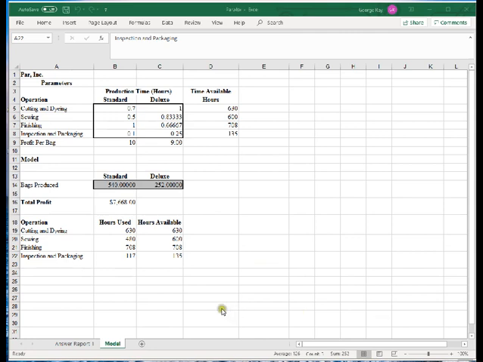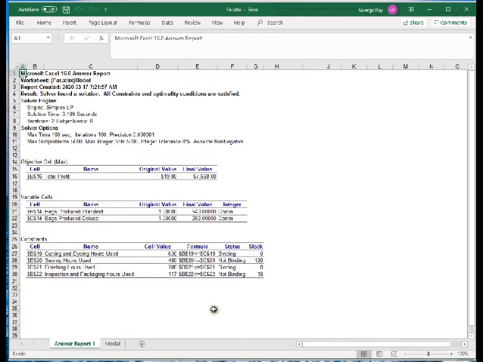Well, let's take a look at the answer report that I wanted us to have. The answer report contains 3 sections. The objective cell indicates the optimum value of the total profit, and of course in this case it's 7,668.